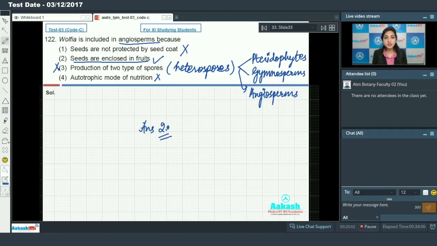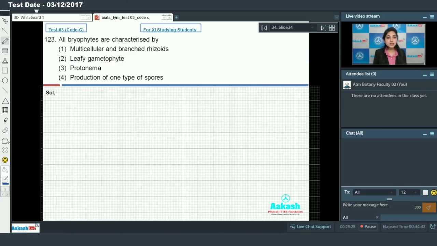Moving on to the next question, that is question number 123. Question number 123 says, all bryophytes are characterized by multicellular and branched rhizoids. No, this is true for mosses and not for liverworts. Leafy gametophyte is present in mosses and not in liverworts. So this is also incorrect.